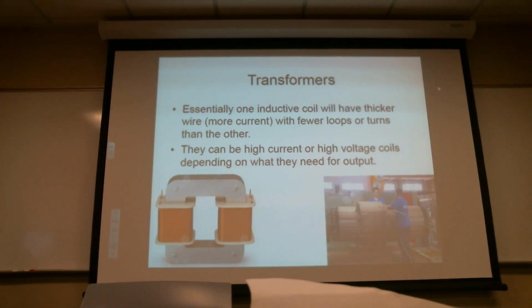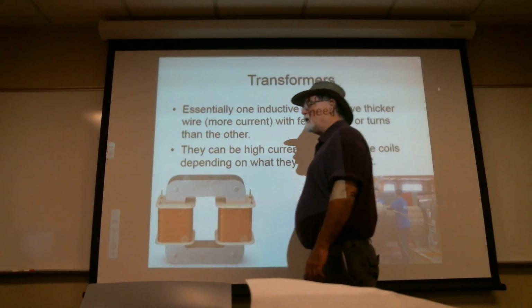So the ratio of turns is going to be whatever we said. Let's say it's 20 volts to 20,000 volts. So the ratio there is going to be 1 to 1,000, right? It just depends on what you've got going in and what you've got coming out. And the ratio there is going to be fairly linear.